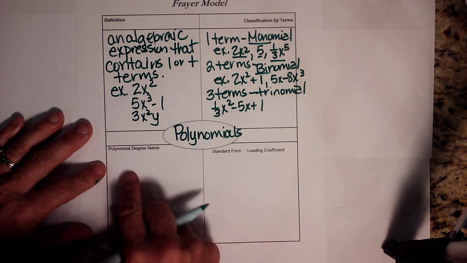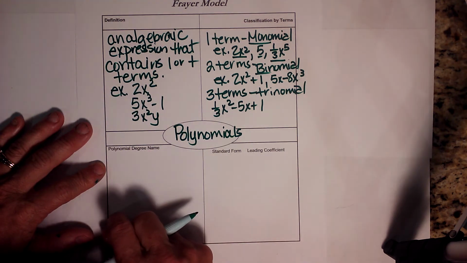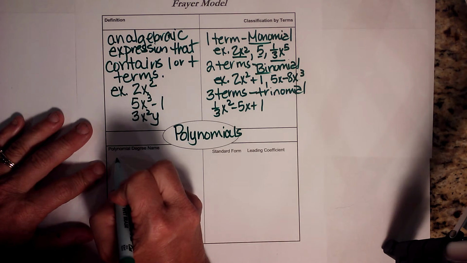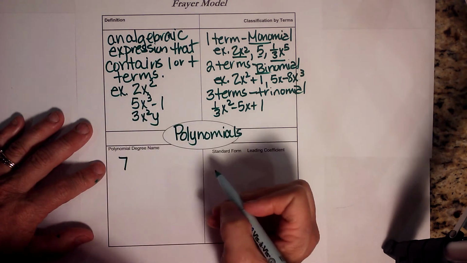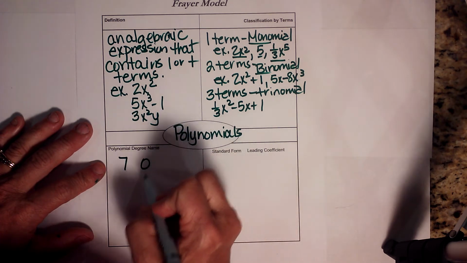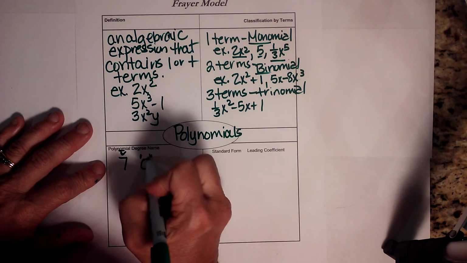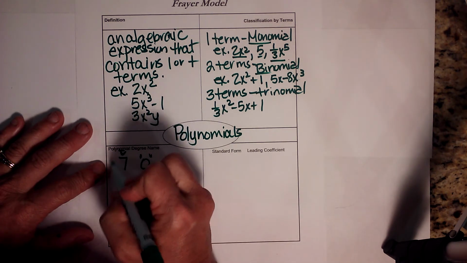Okay, now let's talk about how you define them by degree and what the name of that polynomial is. So for example, if you just have a polynomial such as a constant of 7, the degree on that is 0. The reason it's 0 is because there's no variable with that number.